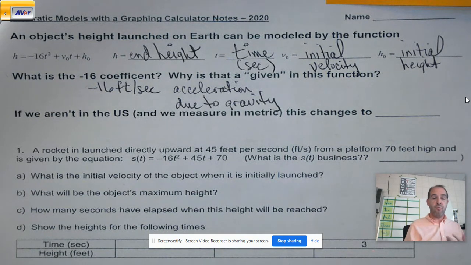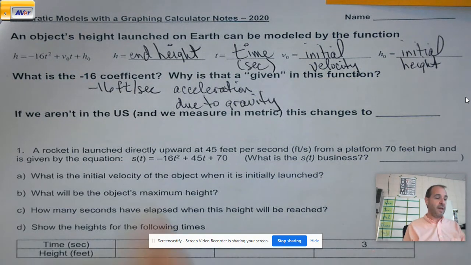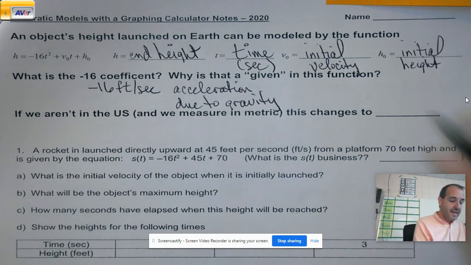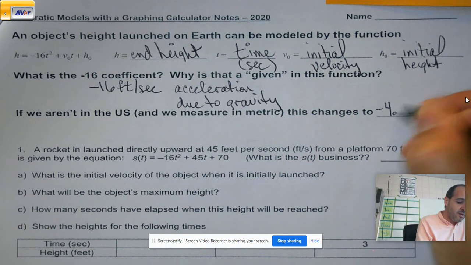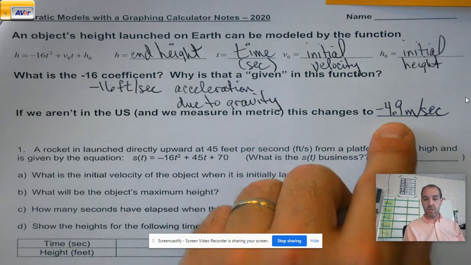Now, if we're not in the United States and we measure in metric, okay, everything's going to be the same in this expression except for the negative 16. And that negative 16 turns into negative 4.9 meters per second because that's the conversion between feet to meters.